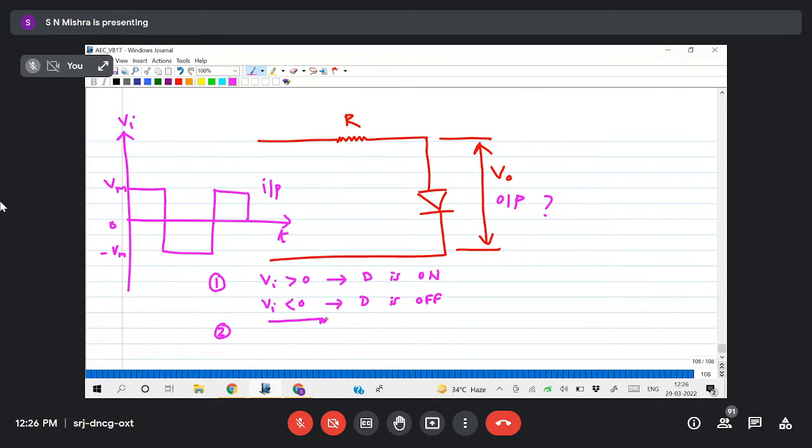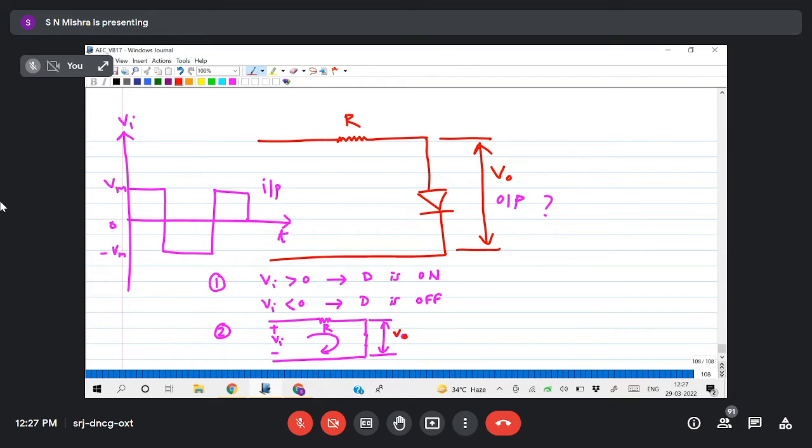So the equivalent circuit I am drawing here, ideal diode, and this is your output voltage. So the on condition means minus, plus, positive half cycle Vi. Instead of applying KVL, you can directly consider here, I want to find V0.